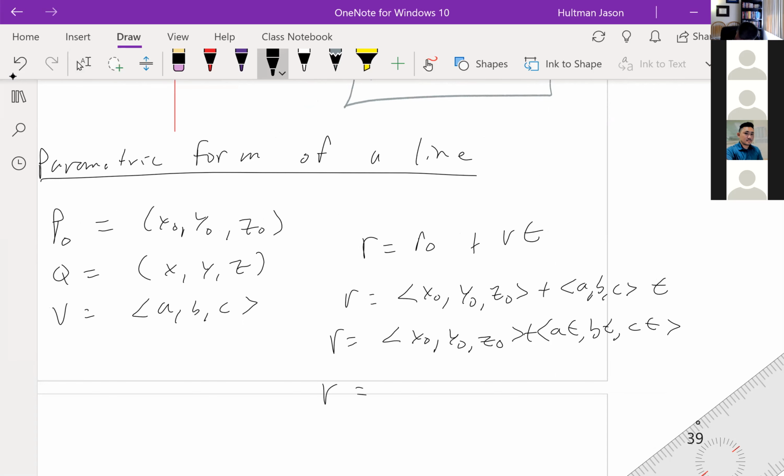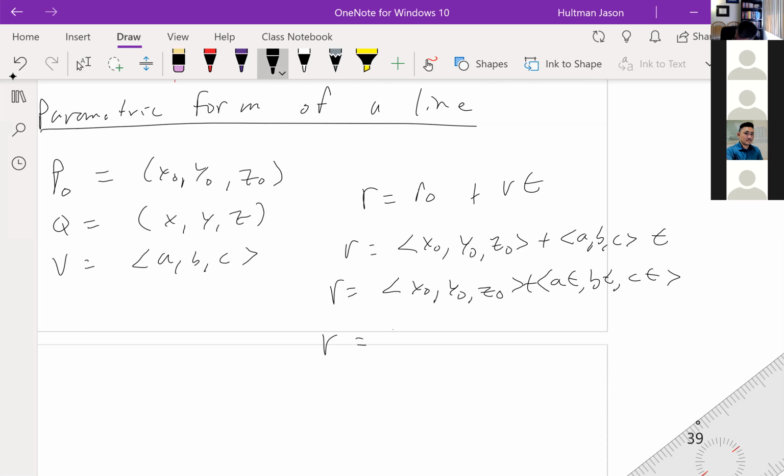Okay, so r is equal to, now let's add components. This is going to be x naught plus at, y naught plus bt, and z naught plus ct.